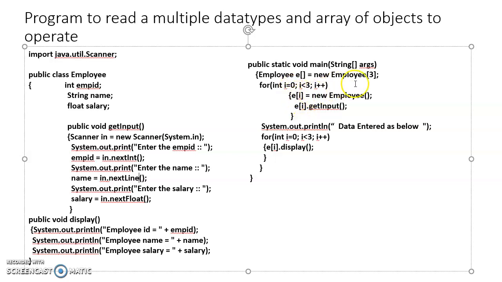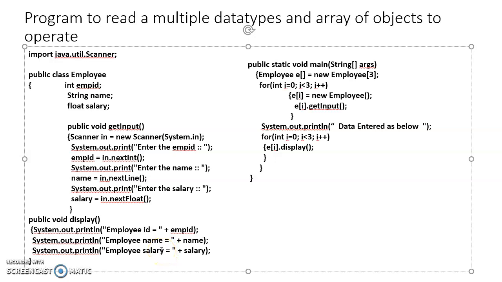So E of 0 will be initializing these variables using this constructor Employee, and it will be calling this function get input, and you'll be running all these things, getting the employee ID, name, as well as the salary. Then the data entered will be displayed using this particular for loop. You have this function being called display, and you'll be displaying the data over here.